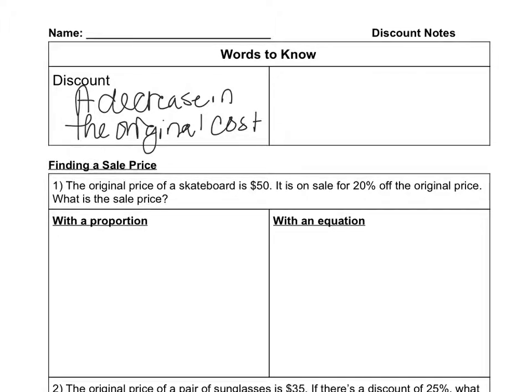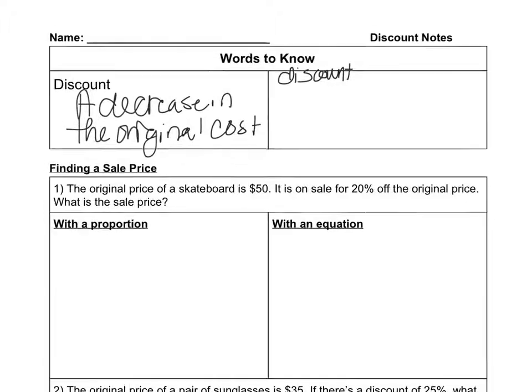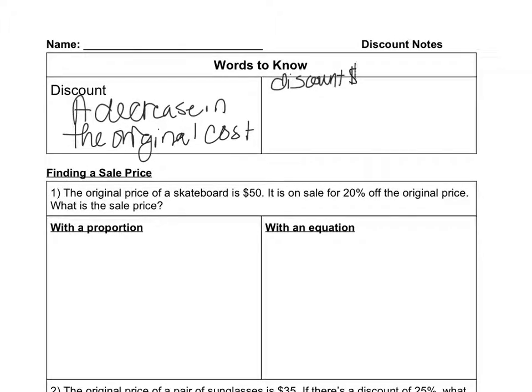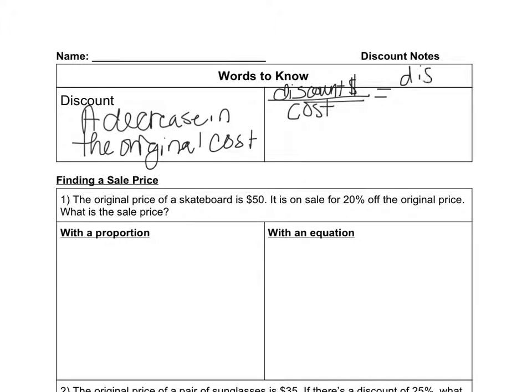Discount amount over the cost, like the original cost, is equal to the discount percent, of course, over 100, because remember that one never changes.